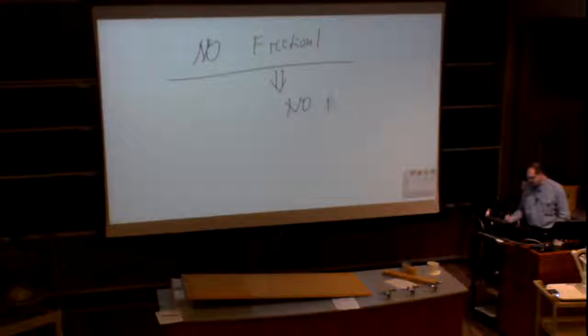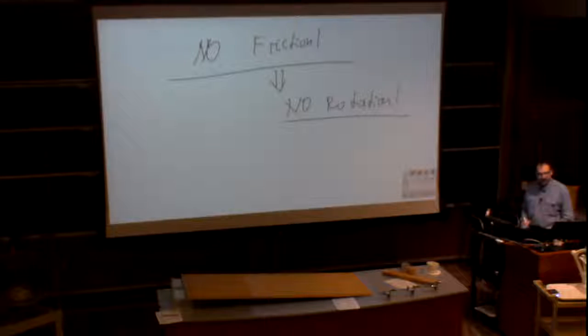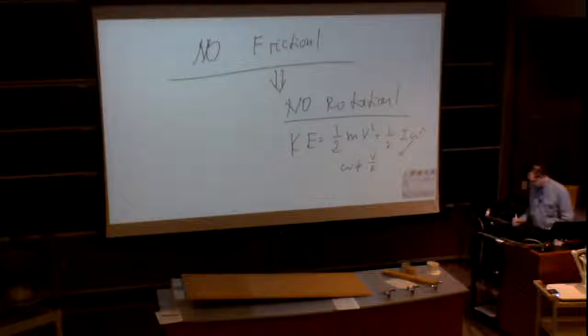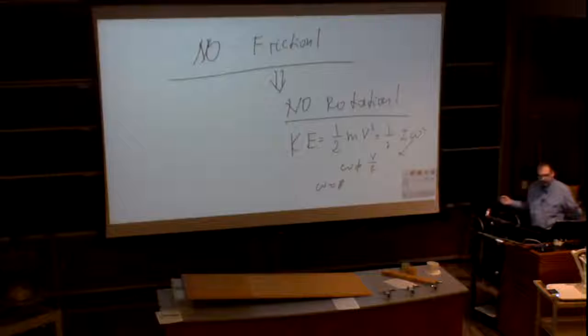No rotation. No rotation means the kinetic energy now has only one term, 1/2 mv squared. Well, technically, we could write plus 1/2 I omega squared, but now omega is not equal to v over r because there is no coupling. Now omega equals 0 because there is no rotation.